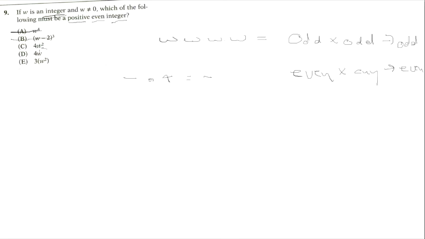So here, if w were negative, then this whole thing would be negative, and they want positive, so that one's out. So for the same reasons here, this guy is out. Here we have both an even number that we're multiplying by, and we're squaring it, so it's guaranteed to be positive, which makes C here the answer.